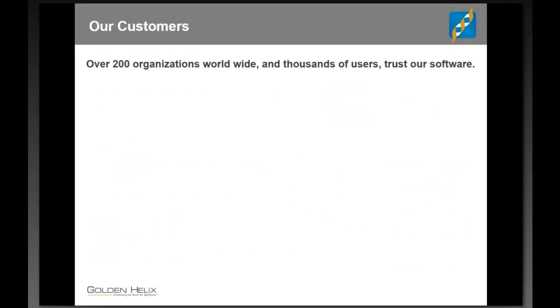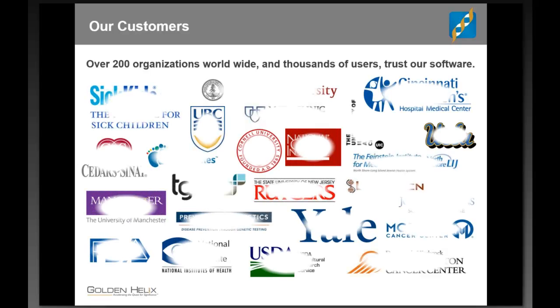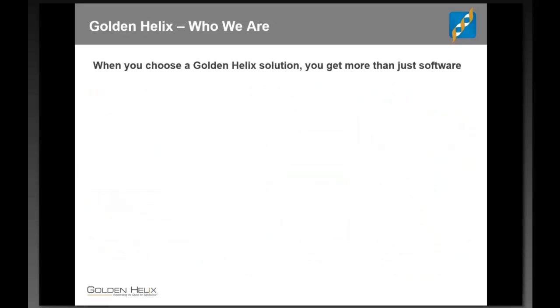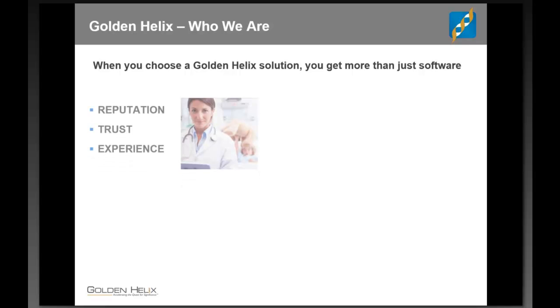So that's who we are, and as I said, we've been providing services and software solutions to customers throughout the spectrum, from small labs to large labs, from individual researchers to large academic institutions, on the government side, on the industry side, etc. This is really the way in which we've been able to adapt and survive in a very fast-innovating field: we are more than just a software company.